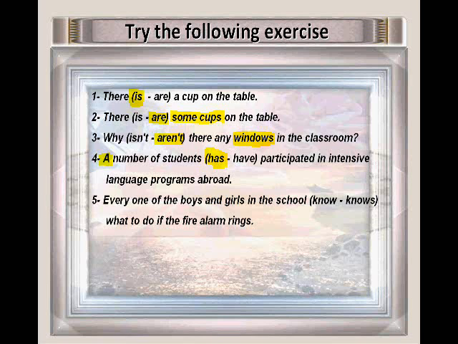Number 5. Every one of the boys and girls in the school know or knows what to do if the fire alarm rings. Everyone. My key word here is everyone. Of course, if I have boys, girls, if they are plural, I don't mind them. I don't care about these plural nouns, okay? What I care for is, of course, everyone.